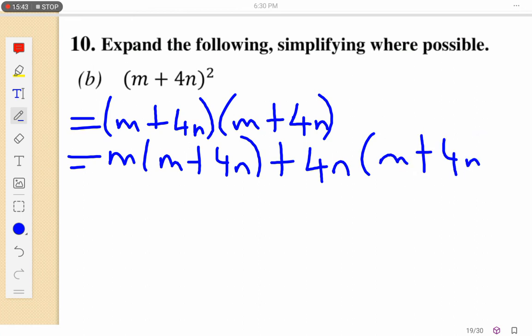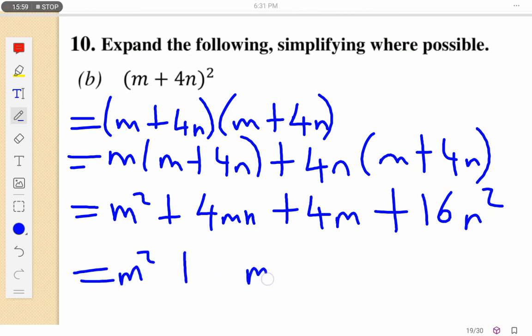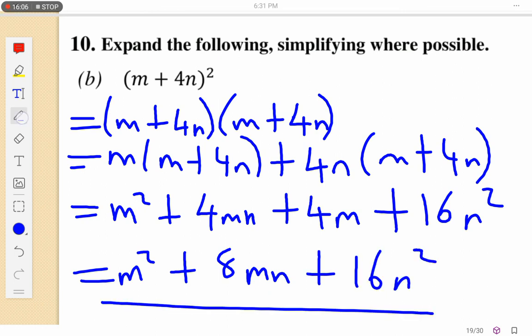Okay, like that. Then I'll get m squared here plus 4mn plus 4mn, then plus 16n squared. Okay, so this becomes m squared plus 8mn plus 16n squared, like that. So that's our final answer. We cannot further simplify that.